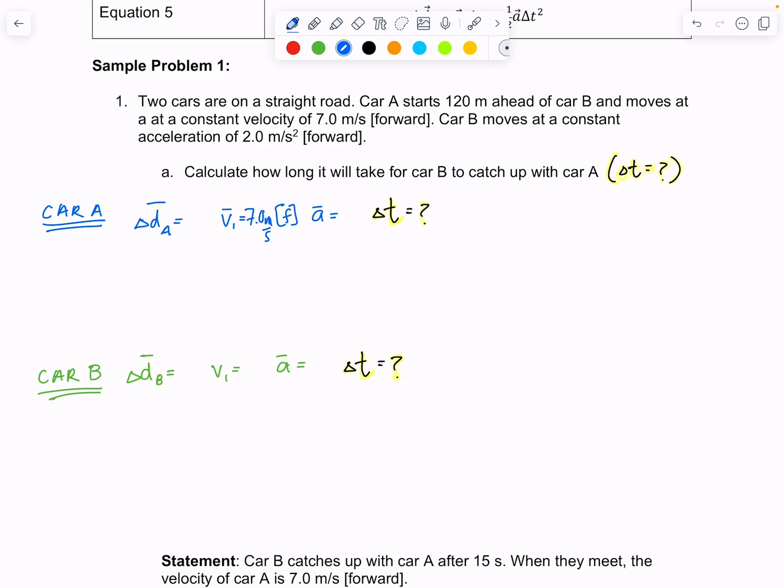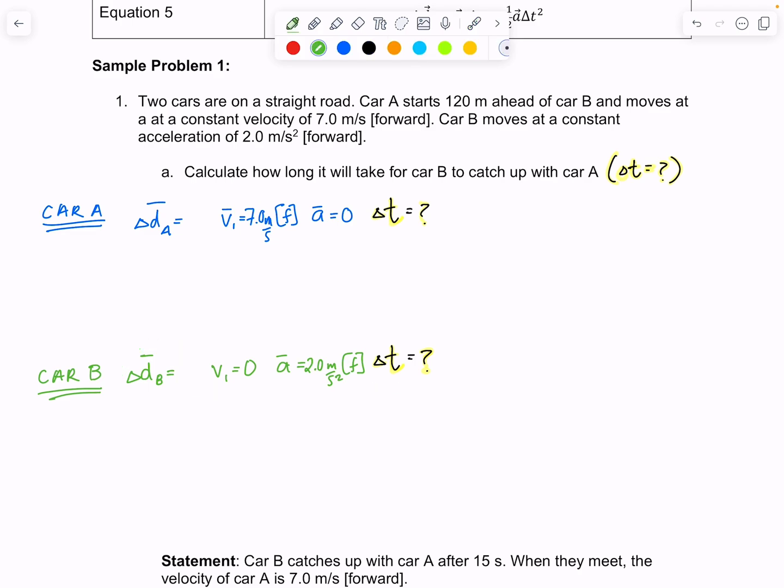That means its acceleration is 0. We know that car B travels from rest with a constant acceleration of 2 meters per second squared forward. We're looking at delta D, V1, A, and delta T for both A and B.